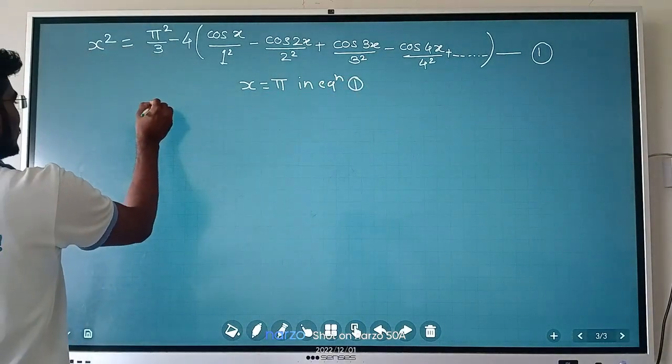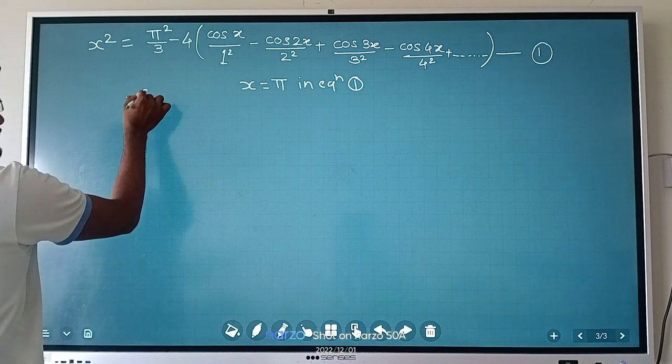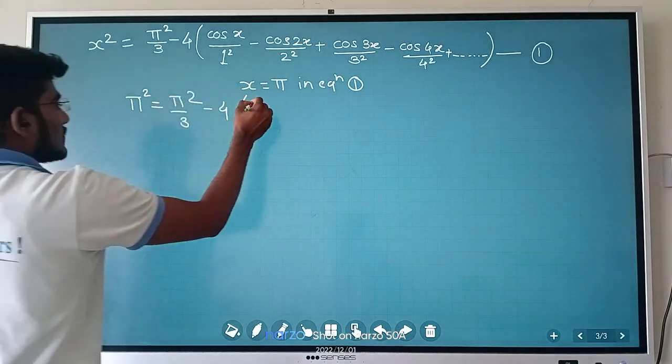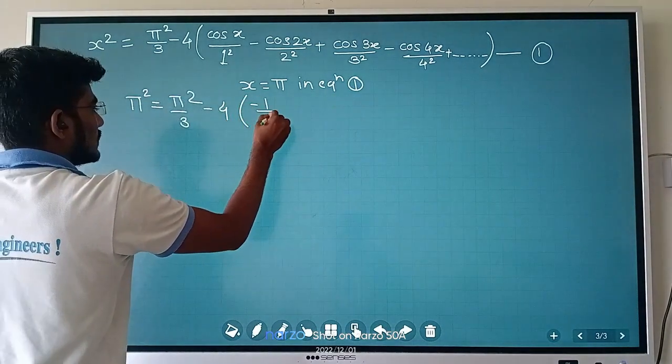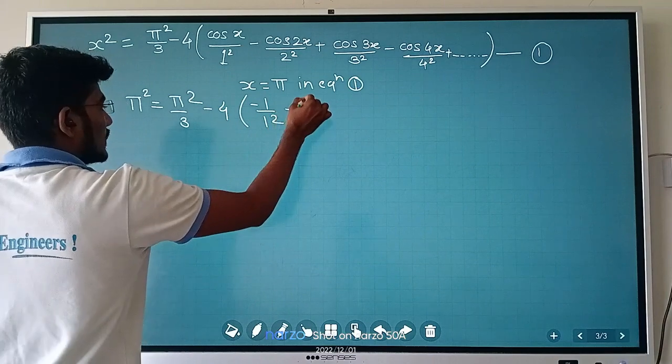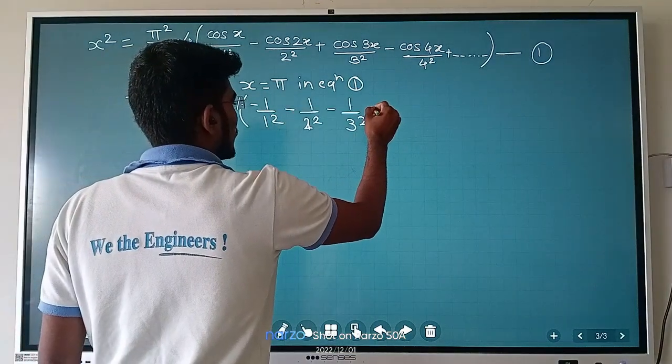For getting the first result, we put x is equal to pi in equation 1. So we get the value of cos pi as minus 1. So first 2 pi is 1, plus 4 pi is 1.